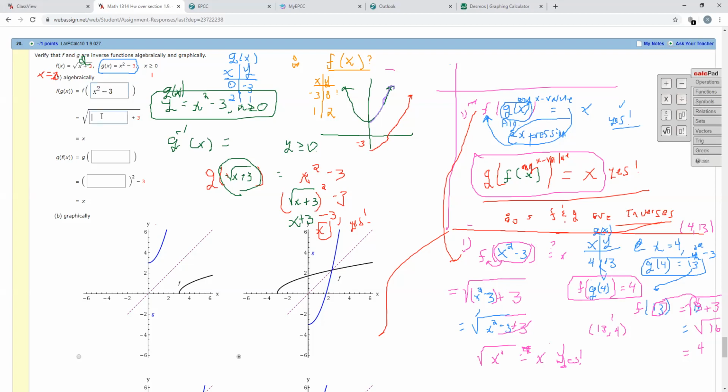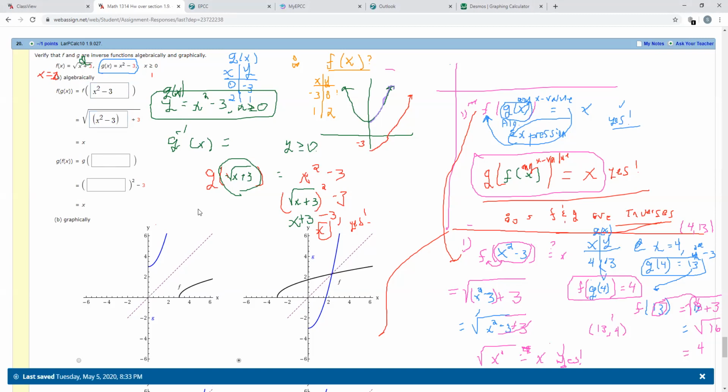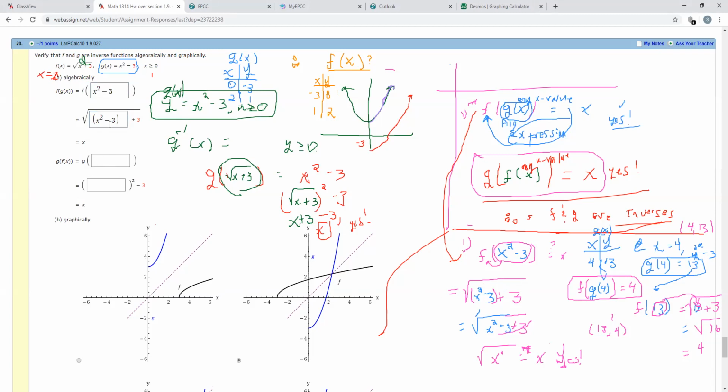So now we're going to write this x squared minus 3 still, and you can put it in a parenthesis if you like, which is the same thing we had right here. And then, they're not asking us to show it here, but we did it right here, this does subtract out. Negative 3 plus 3 is 0, and the square root of x squared is x, and that's all they wanted us to do.